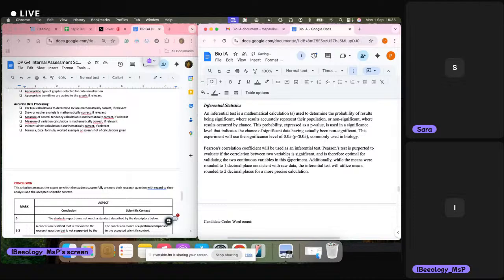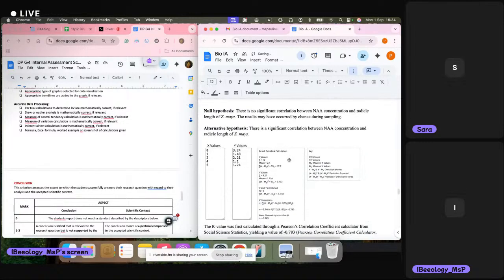This is already predicted. So Pearson is a measurement, a statistical tool to see how closely related the independent variable is to the dependent variable. So if you already have an established conclusion, Pearson is appropriate.